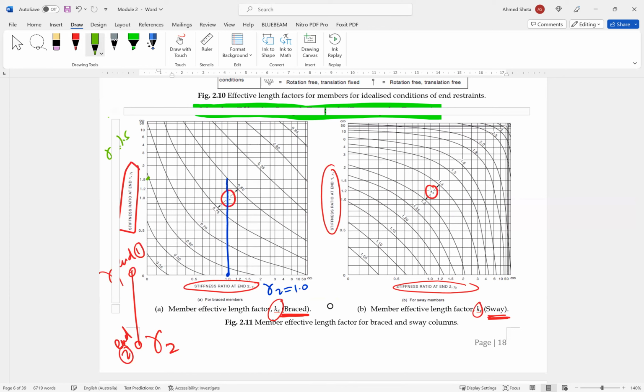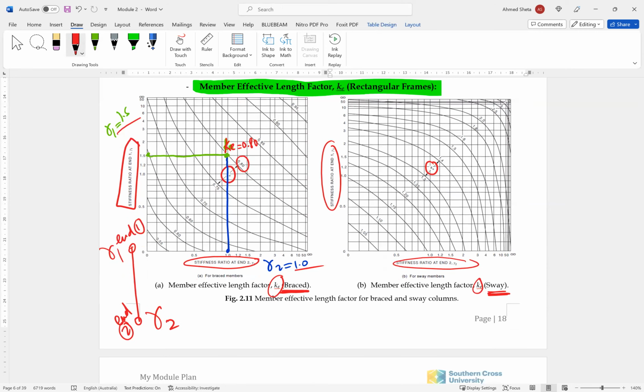At 1.5 here, we get a straight line. They intersect here, so this is KE. If we look at KE here, KE is equal to 0.8. So if you know gamma 1 and gamma 2, you can get KE as 0.8.